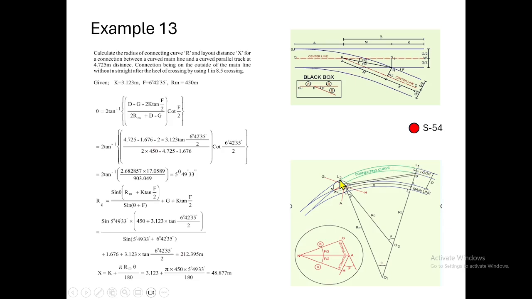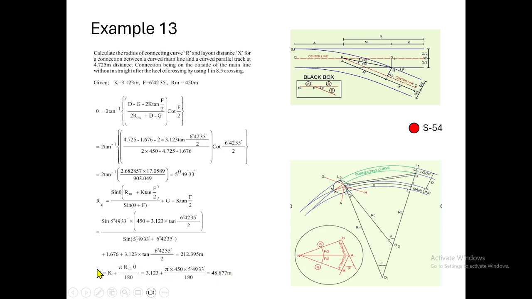This is also the outer radius. So x is equal to K plus RM theta, with pi by 180 for converting degrees into radians. At last we get 3.123 plus this value, giving 48.877 meters.